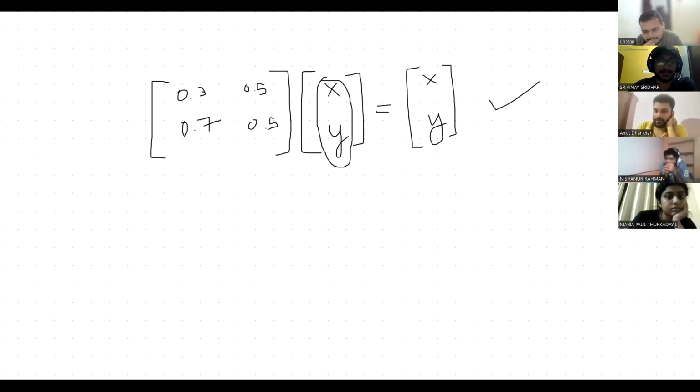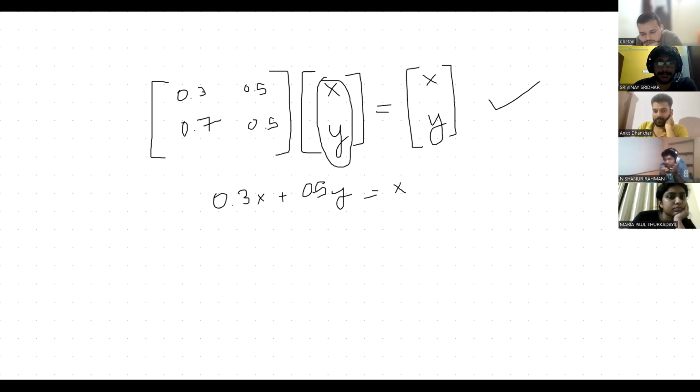I just found an interesting way. We can just break it down into the equations. That is 0.3x plus 0.5y is equal to x, which will simply give you y is equal to 0.7 by 0.5x.